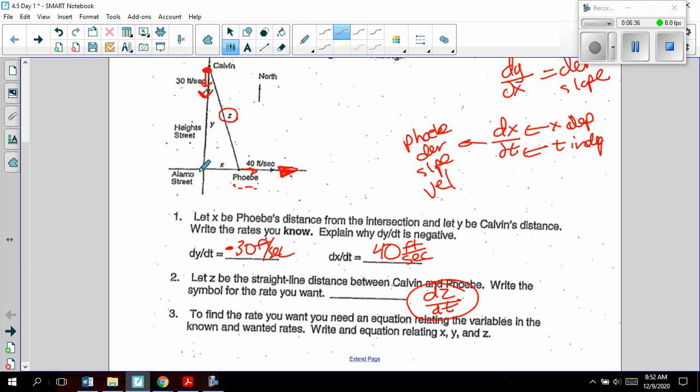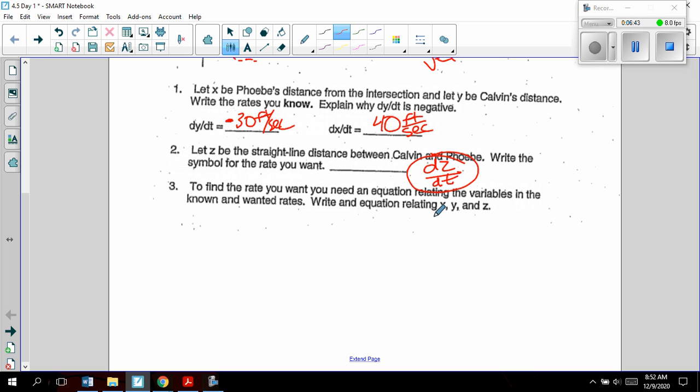It's not a perfectly drawn PDF that we scanned in, but this is going north, so it does make a right triangle. An equation that relates those 3 variables would be x squared plus y squared equals z squared. Oftentimes you get a Pythagorean theorem in there.